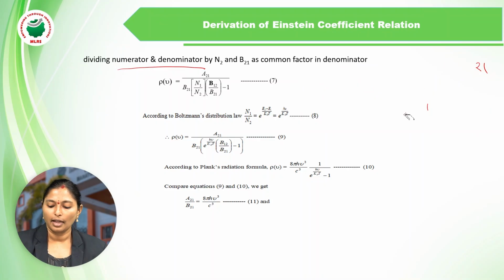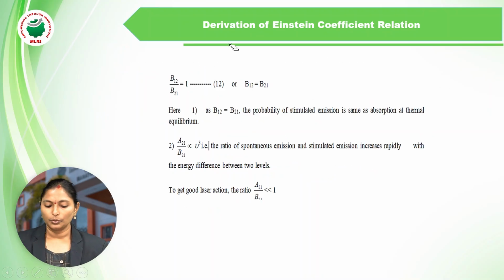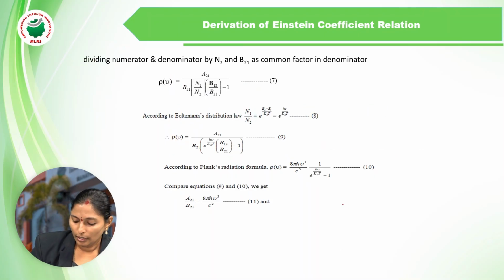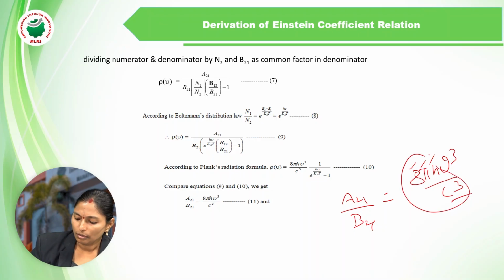That means the Einstein coefficient ratio A21 by B21 equals 8 pi h nu cube by c cube. All of these are constants, so A21 by B21 is proportional to nu cube.